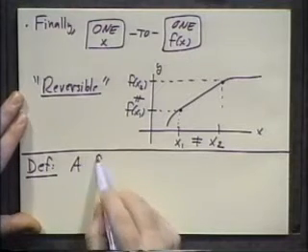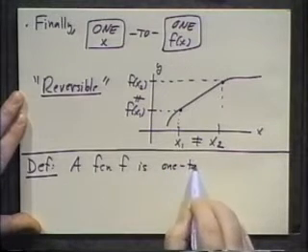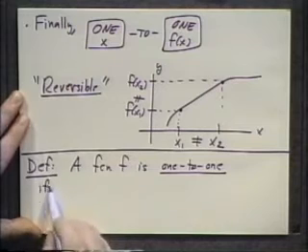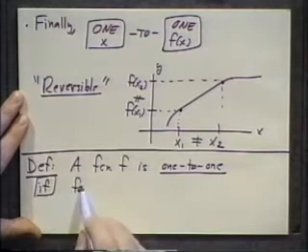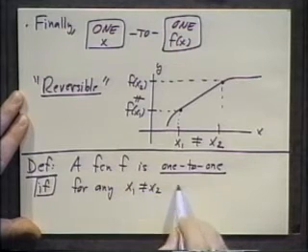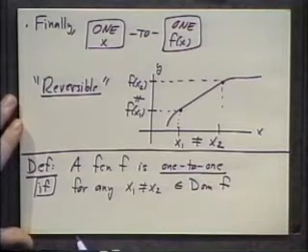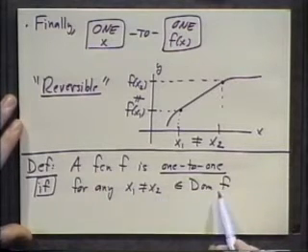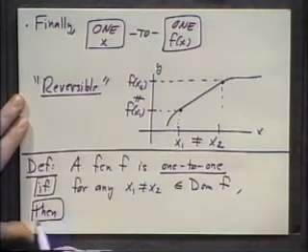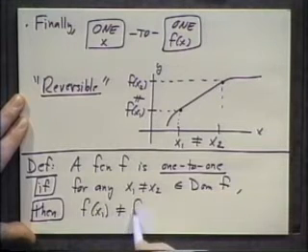Definition: a function f is, we'll call it one-to-one. We usually write the words out like that, one-to-one, if for any, say, x1 not equal to x2, both of them in the domain of f, there's my shorthand for that, the x1 not equal to x2, but they're both in the domain of f, if whenever we have two different numbers like that, then under the function, f(x1) is not equal to f(x2).